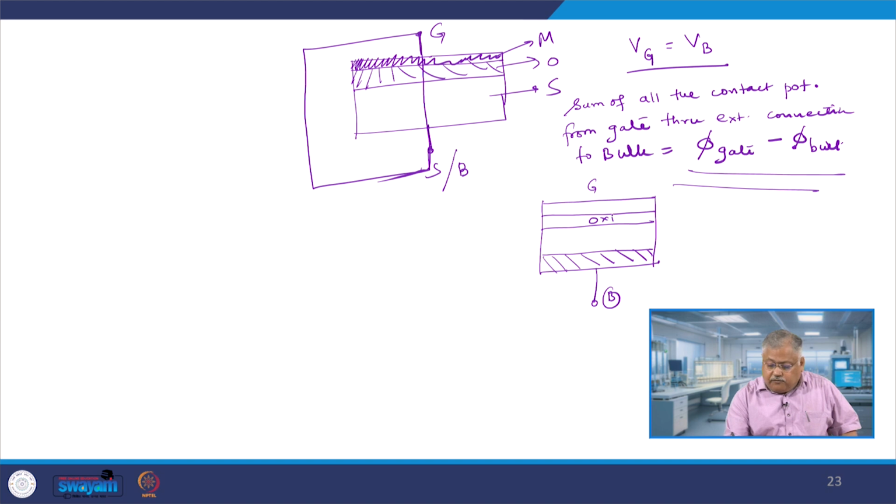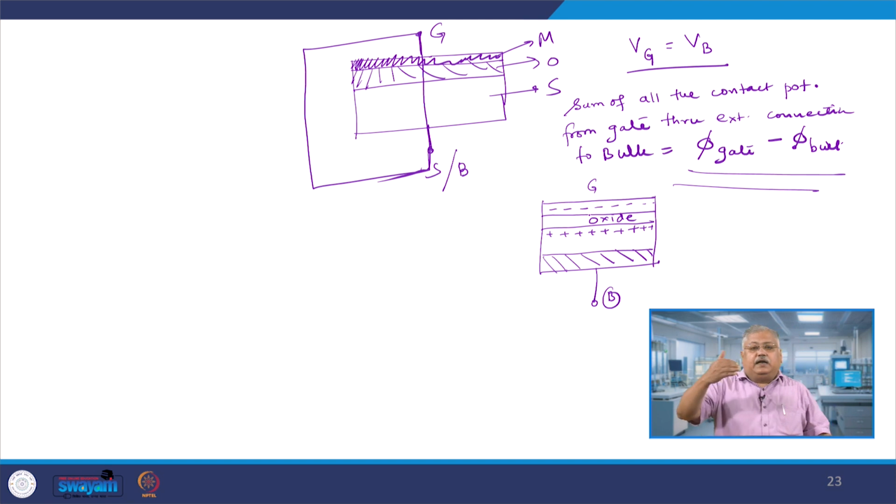This is my oxide. Of course, the prevalence of free charge carriers in oxide is very small. So, if I assume that this side has got negative charge carriers, this surface will have positive charge carriers. This is a mirroring action which will happen. You will ask me why we will have negative, because let us suppose it is a metal having a large number of free electrons available.